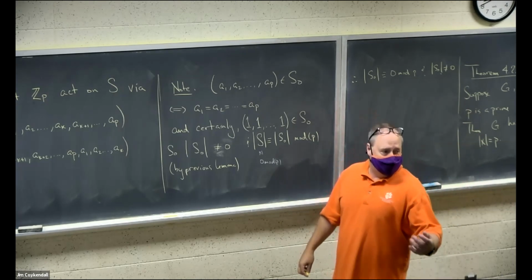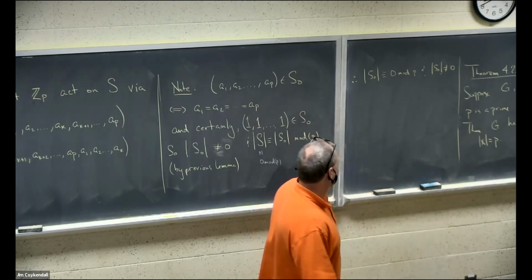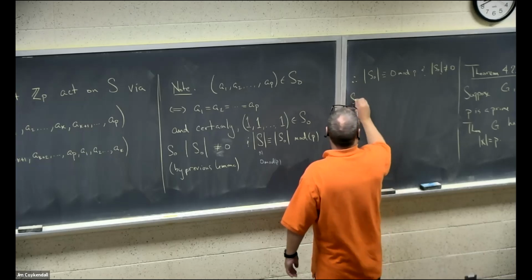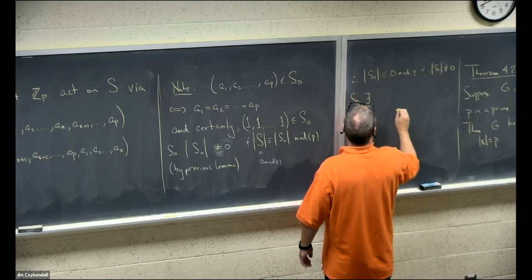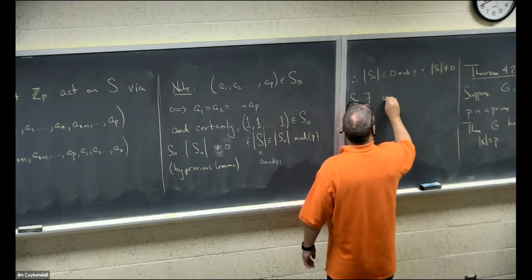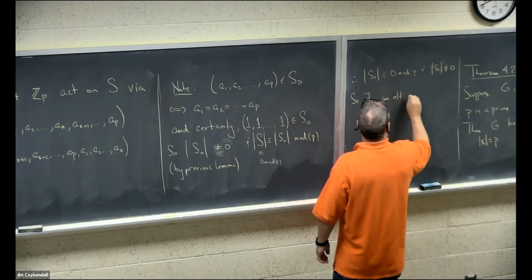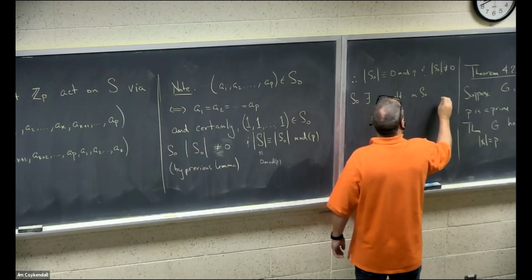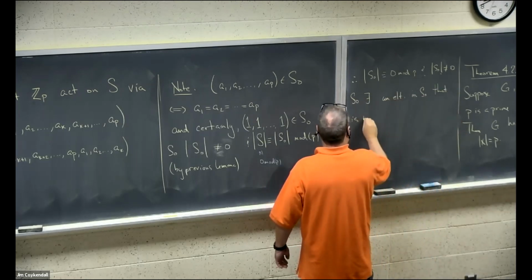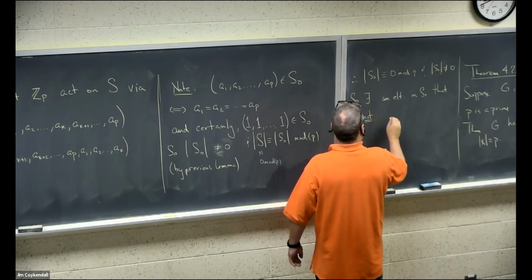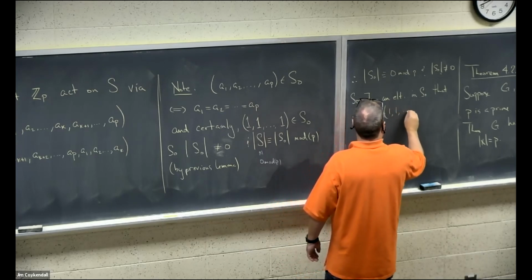So in fact, there must be at least P elements in S0. There exists an element in S0 that is not 1.